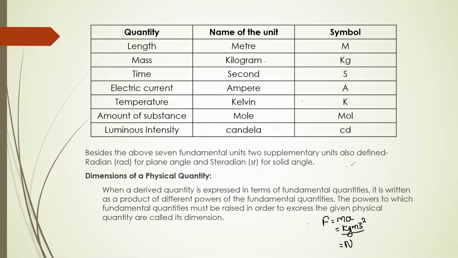Similarly, we can write it for velocity. Velocity is displacement divided by time. Displacement is written as meter and time is taken as second. Therefore, it is meter per second.